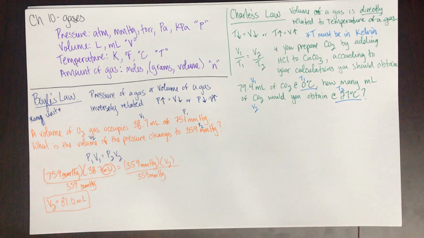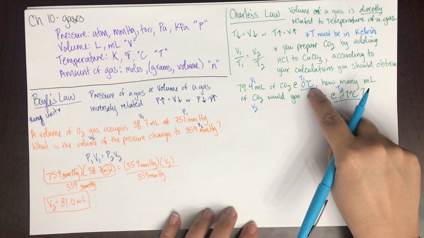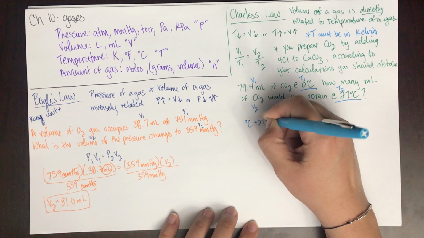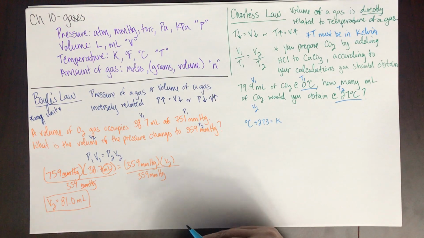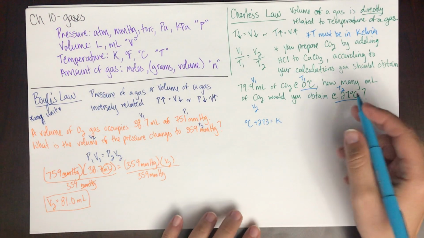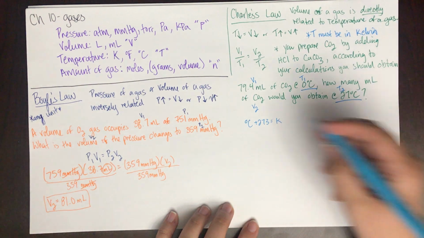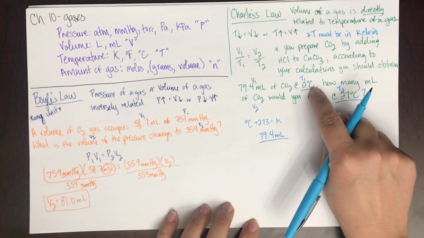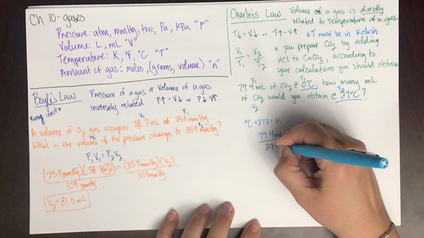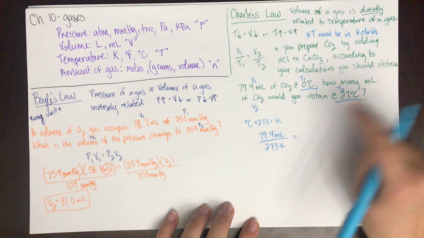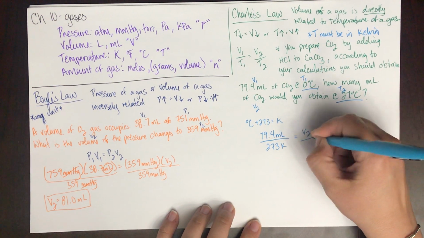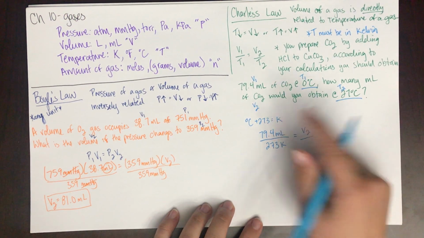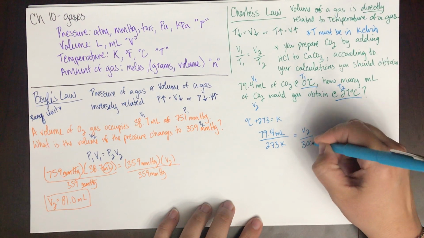So let's see. I'm going to convert 0 to Kelvin by adding 273. So degrees Celsius plus 273 equals Kelvin. There's no degrees Kelvin, it's just Kelvin. So I'm going to write V1, 79.4 milliliters, over T1, which is 0 plus 273, 273 Kelvin, equals V2, which is what I'm solving for, over T2, which is 27 degrees Celsius plus 273, so that's going to be 300 Kelvin.